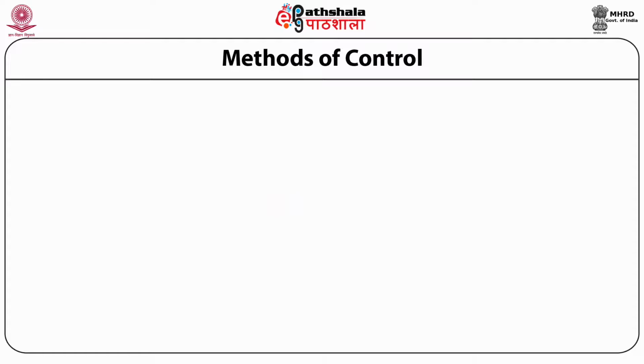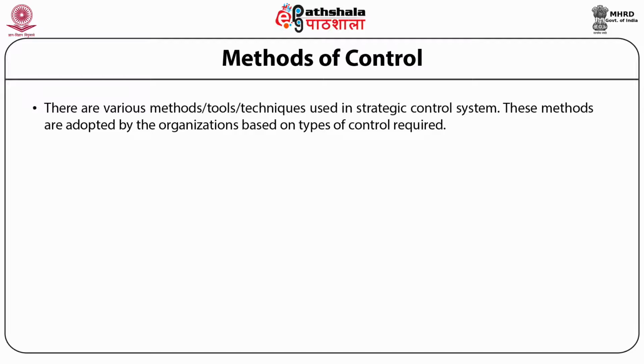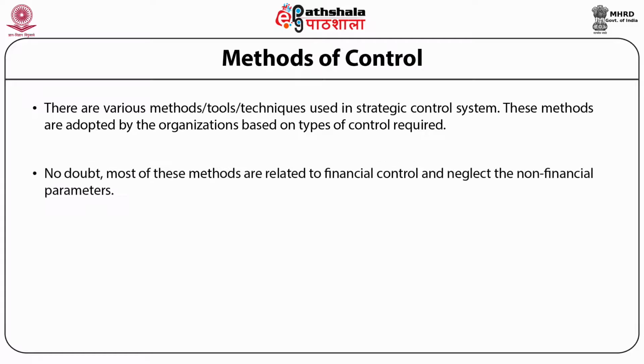Methods of control. There are various methods, tools, and techniques used in a strategic control system. These methods are adopted by the organization based on the types of control required. No doubt, most of these methods are related to financial control and neglect the non-financial parameters.